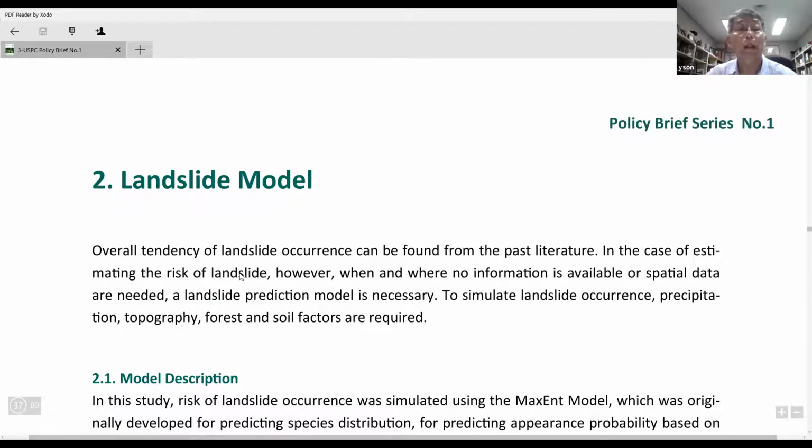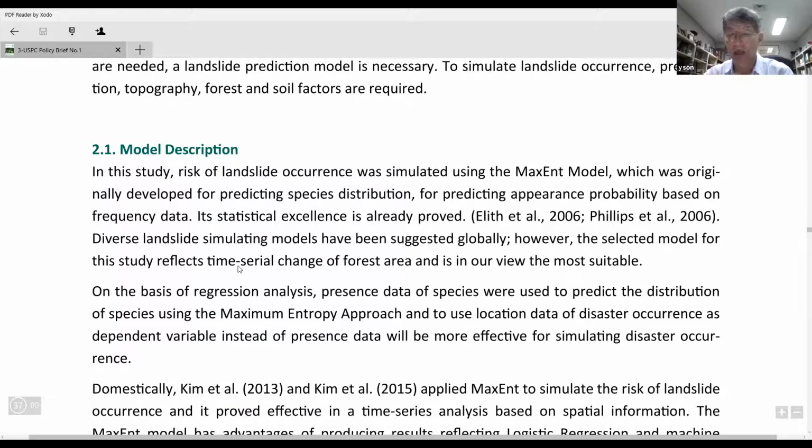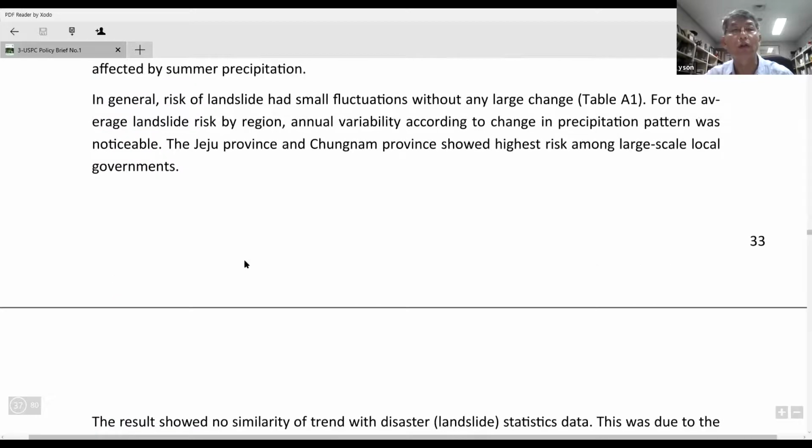And then we explain the landslide model. Here, the model description: it's the MaxEnt model. This is the model name, MaxEnt model. It was developed for predicting species distribution, predicting appearance probability based on frequency data. Anyhow, you can use the MaxEnt model for landslide estimation. And then the data results.